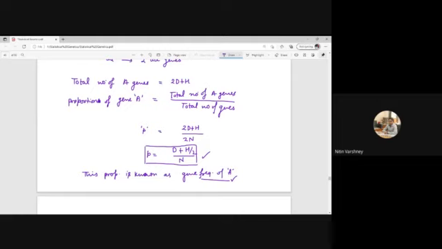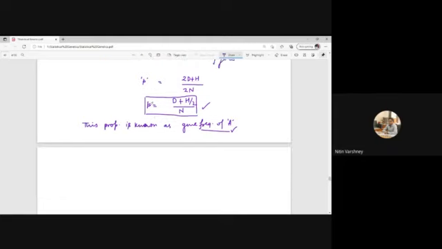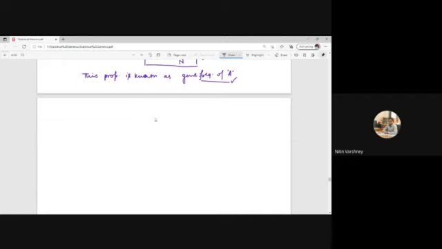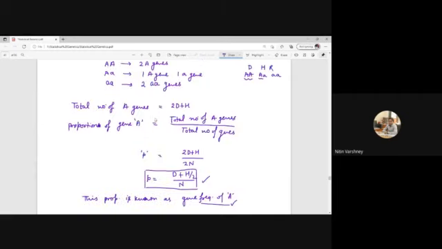Okay, so similarly we will calculate the gene frequency of small a. Total number of a genes in the group will be 2R plus H, because two recessives are there and one small a is there in the heterozygous.